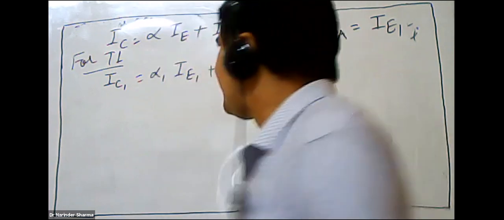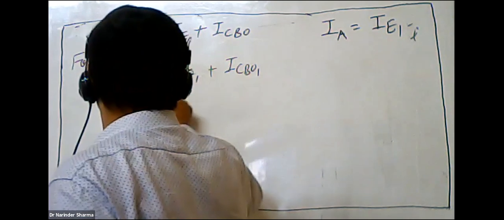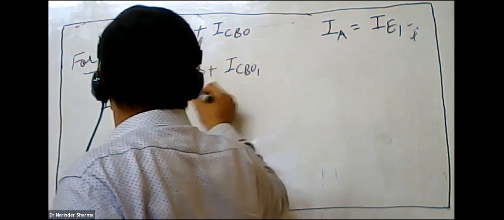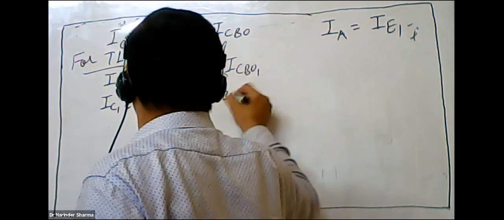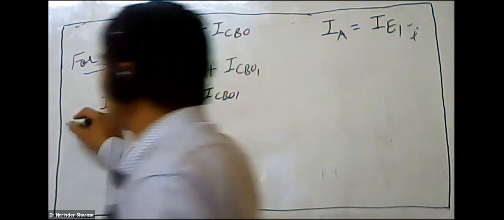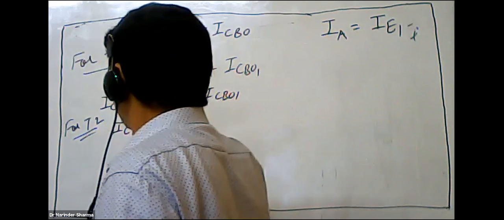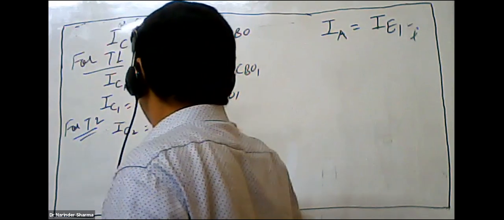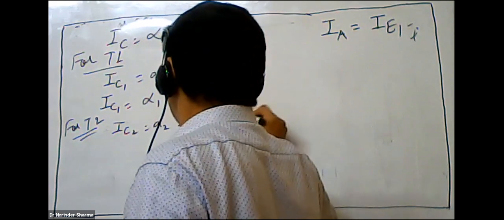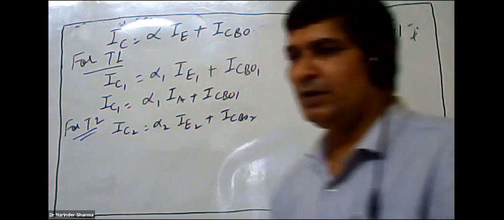In that case, this equation reduces to IC1 equals alpha 1 IA plus ICBO1. Now for the second transistor, IC2 will be equal to alpha 2 IE2 plus ICBO2. Simply, in these equations we have substituted the values.